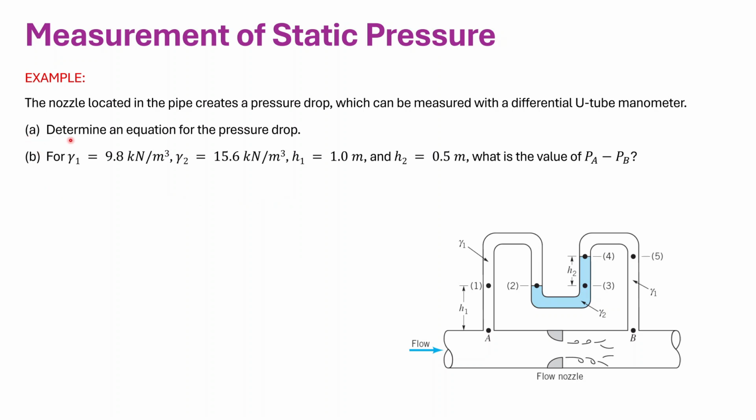A. Determine an equation for the pressure drop, and B. For gamma 1 equals 9.8 kilonewtons per meter cubed and gamma 2 equals 15.6 kilonewtons per meter cubed, and H1 equals 1 meter, and H2 equals 0.5 meter, what is the value of PA minus PB, which is basically the pressure difference between this point and this point?